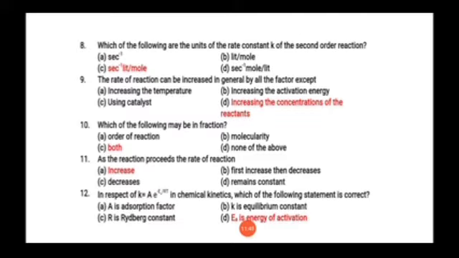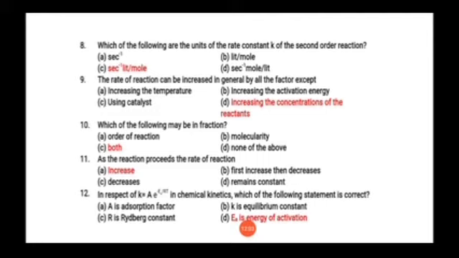Question number 8. Which of the following are the units of rate constant K for a second order reaction? Options are second inverse, liter per mole, second inverse into liter per mole, second inverse mole per liter.